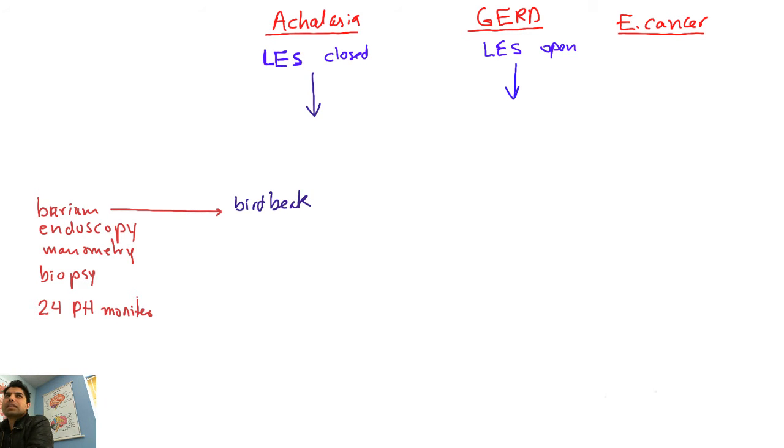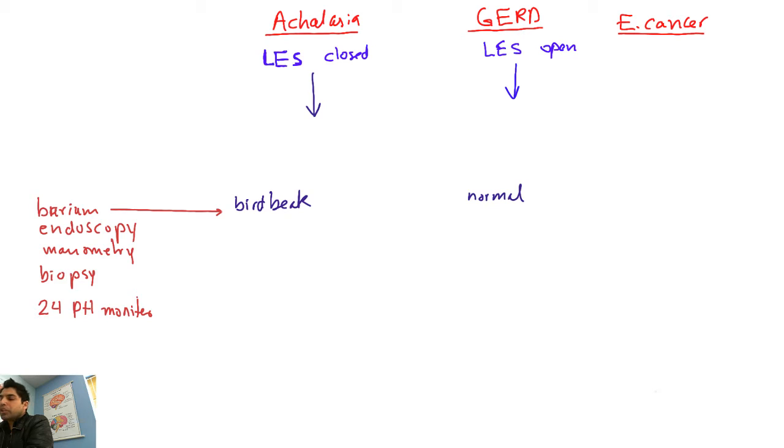On barium, you can't see anything, unless it's a stricture. Esophageal stricture. For GERD, barium should be normal. Nothing should be seen, unless it's advanced, late GERD.